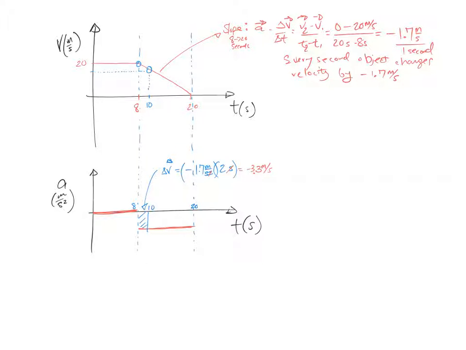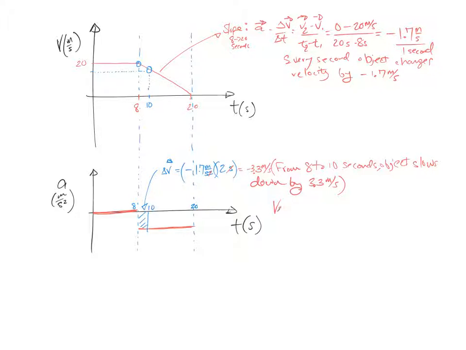So that means from 8 to 10 seconds, the object slows down by 3.3 meters per second. That's the change in velocity. So that's why it's negative. Okay? So that tells me that if I take 20 minus that number, that'll give me my velocity at 10 seconds.